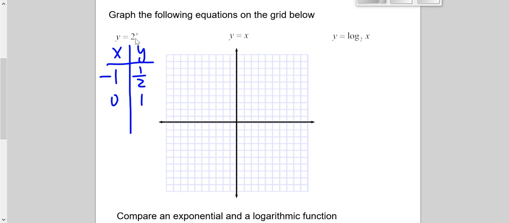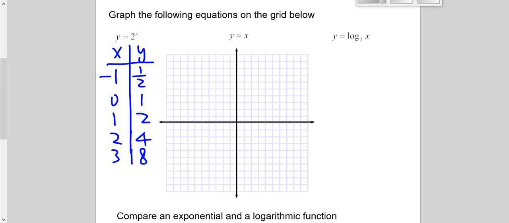And then let's do 1. 2 raised to the power of 1 is 2. And then let's do 2. 2 squared gives you 4. And then let's do one more, 3. 2 raised to the power of 3 is 8.